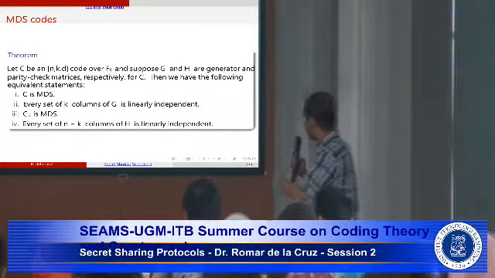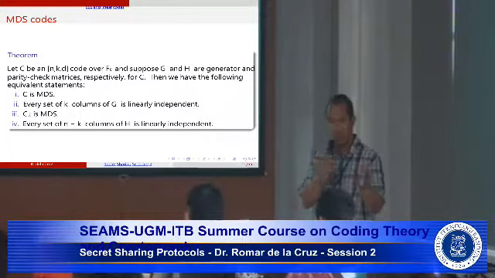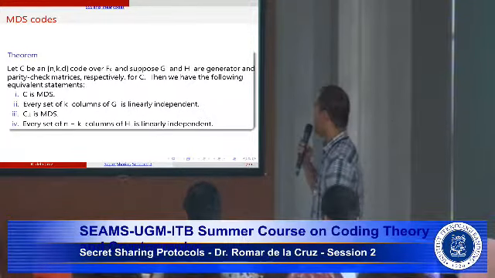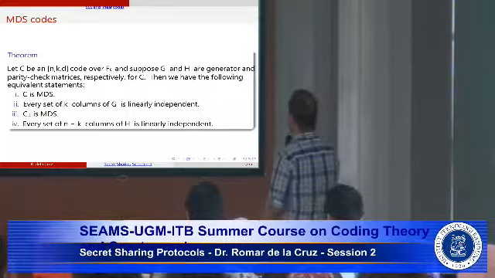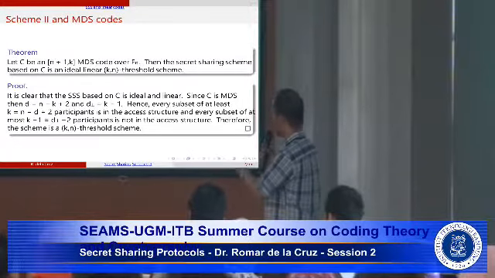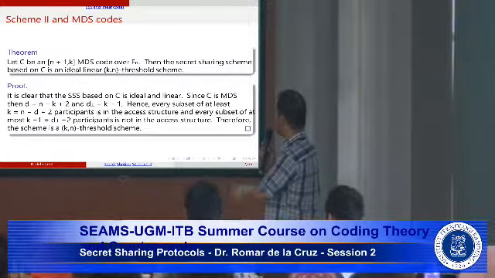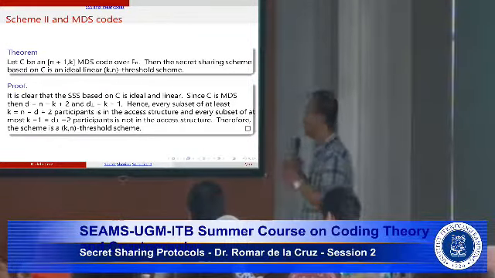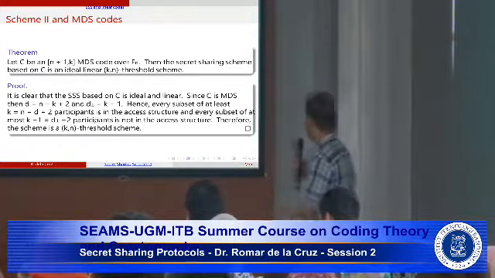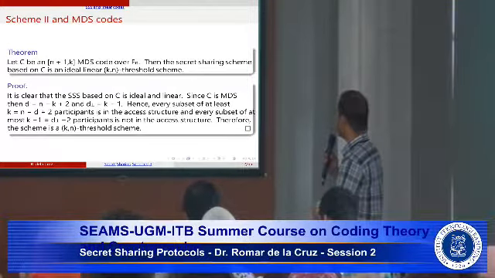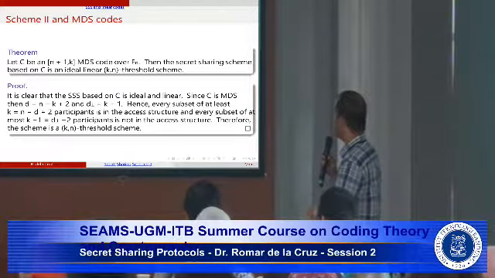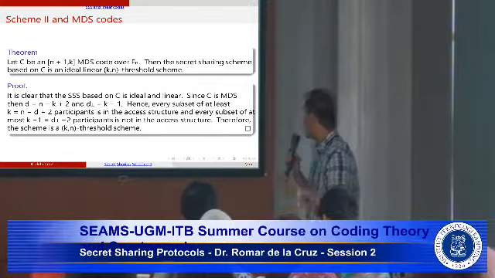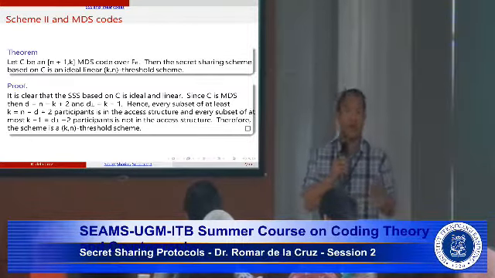So now let's look at the connection between threshold schemes and MDS codes. This is one direction. If you have an [n+1, k] MDS code over F_q, then there is a secret sharing scheme based on C that is an ideal linear k out of n threshold scheme.